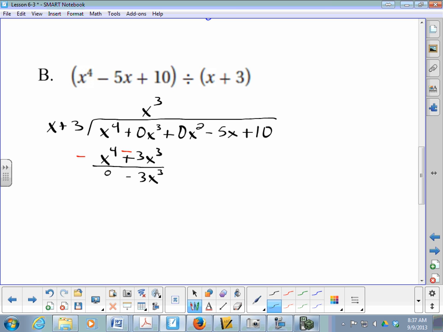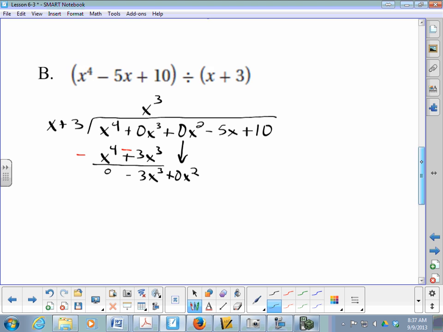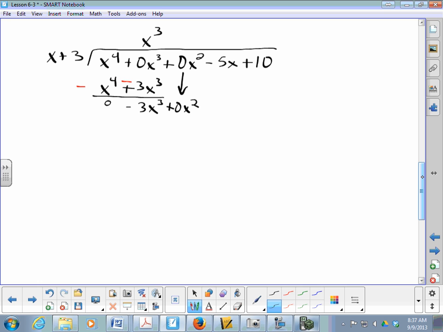Then we bring down the next term. Okay, and we focus on the first ones again. Negative 3x cubed divided by x is negative 3x squared. So this can be a minus 3x squared.